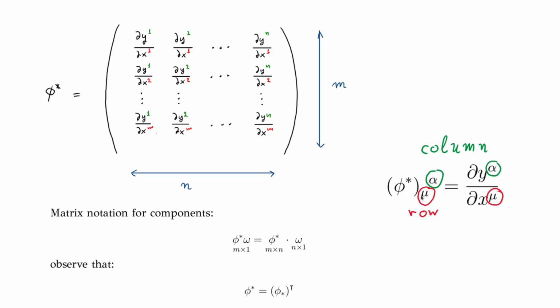Mu now corresponds to the rows of this matrix and alpha to the columns. So, we can compute the components of phi star omega by arranging the components of omega on an n by 1 column vector, multiplying this vector by this n by n matrix, and obtaining the components of phi star omega arranged in an n by 1 column vector.